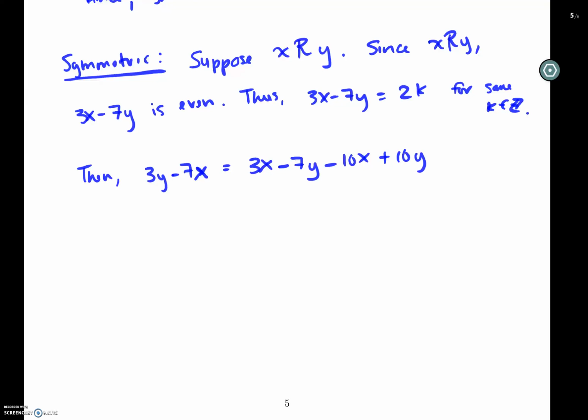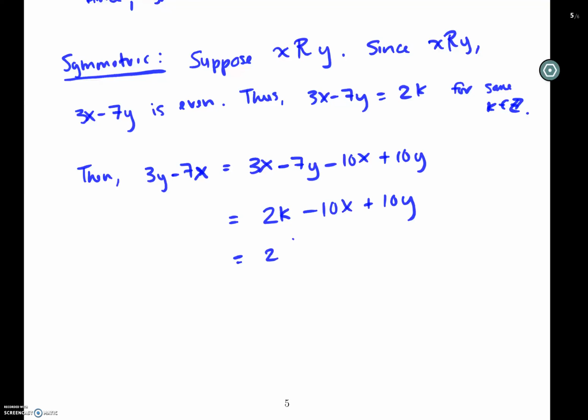So, if we note, that's an equivalent form of 3y minus 7x, but what it allows us to do is to adjust our thinking here. Now, what do we have? We've got 3x minus 7y, which we know is even, which we can write as 2k, minus 10x plus 10y.